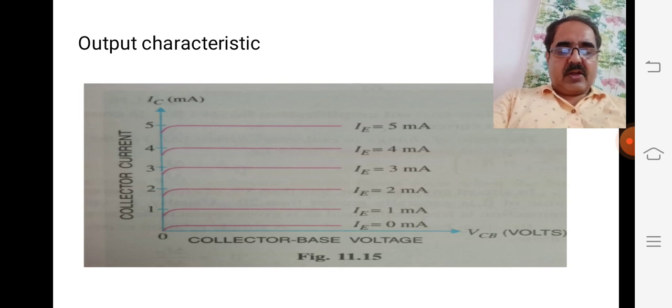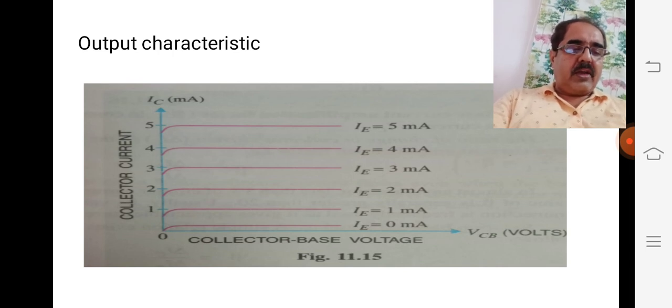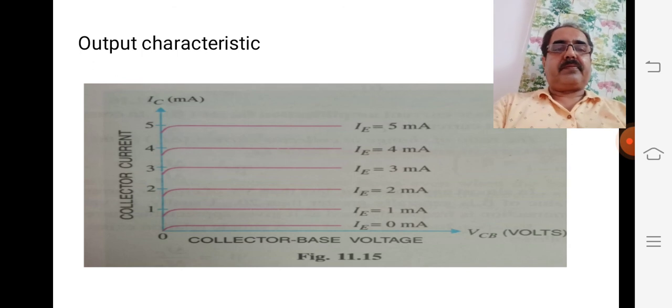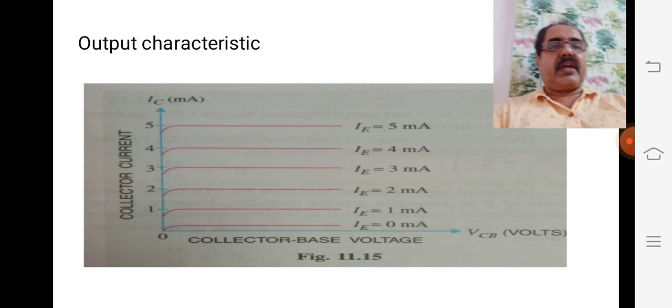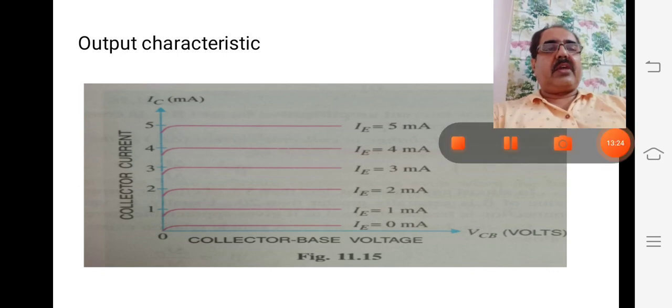This is not surprising, because the collector current changes very slightly with the change in VCB. So this is the input and output characteristics. Thank you very much.